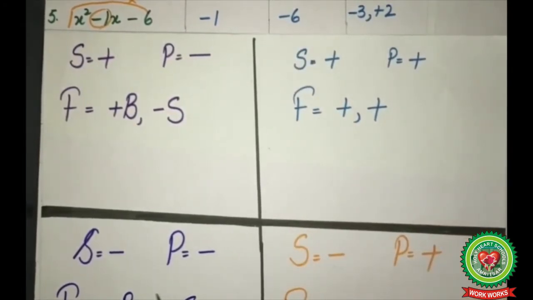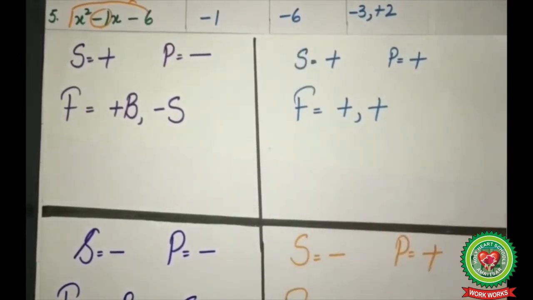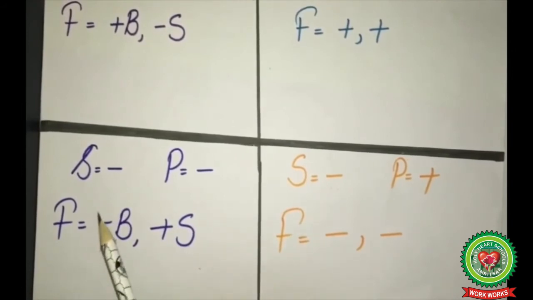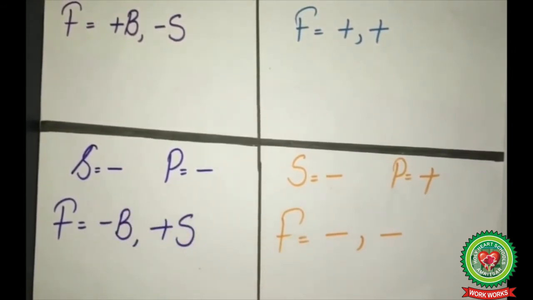Now students, we see that the sum has the minus sign and the product has the minus sign. So that means we have this case, case number three: sum with the minus sign and product with the minus sign.